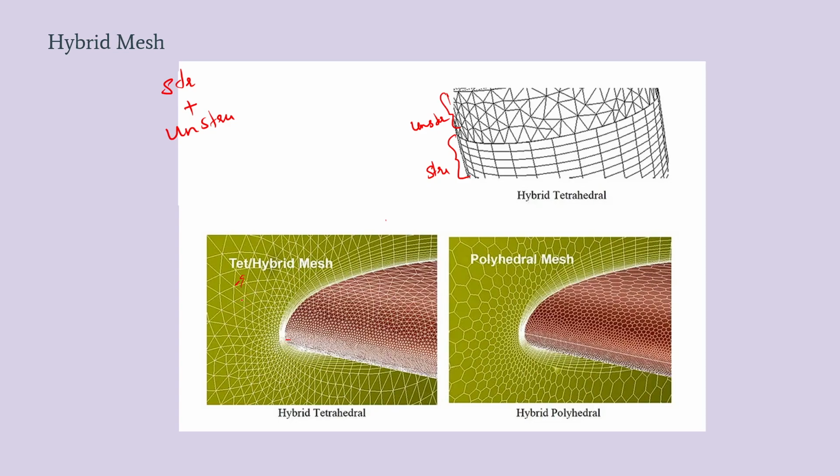The surrounding areas are meshed with tetrahedral mesh, but when it is coming near to the wing or the surface, we have used rectangle or hexagonal meshes so that we can capture the boundary phenomena easily. Here the same is done, but instead of tetrahedral, we have used polyhedral mesh. Here also, the far domains are meshed with polyhedral, whereas these are with structured mesh.